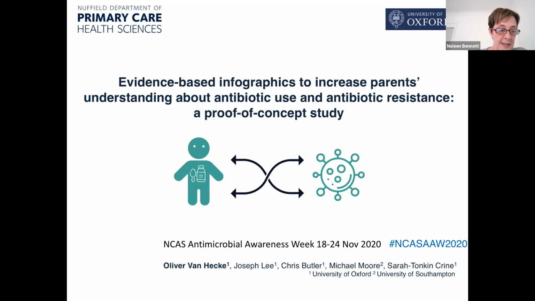This project stems from his PhD, which focused on the impact of antimicrobial resistance in primary care and the implications for future interventions, including antibiotic awareness campaigns. The title of his presentation is Infographics about Antibiotics, Making Facts Accessible.